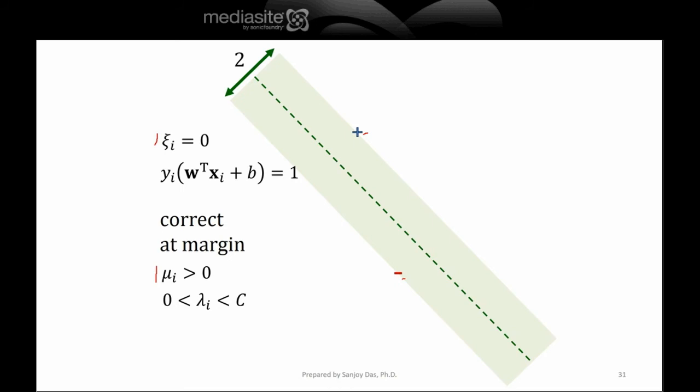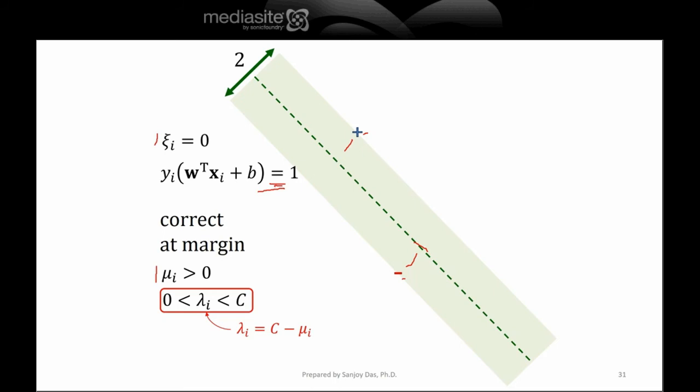Now, yi times w transpose xi plus b is strictly equal to 1 because these distances from the hyperplane are exactly equal to 1. So we have this expression here, and because this is now an active constraint, lambda I is non-zero.